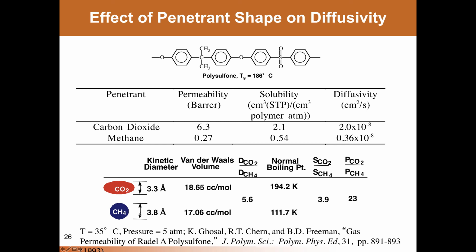And so you can imagine in a polymer where thermal fluctuations are bringing about fluctuations in free volume elements, that these gaps or free volume elements that have low volume require little energy to be created, and therefore they occur very frequently.